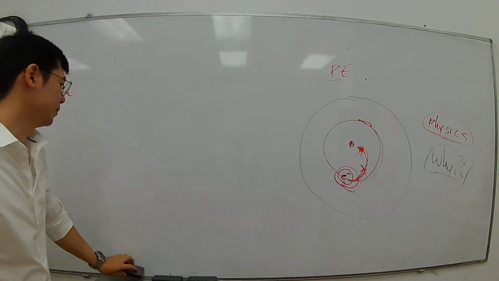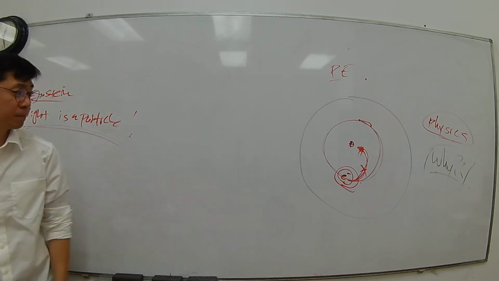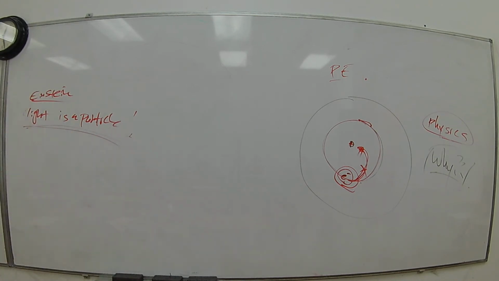What Einstein proposed is that light acts as a particle. It's called the photoelectric effect. And listen to this, guys.